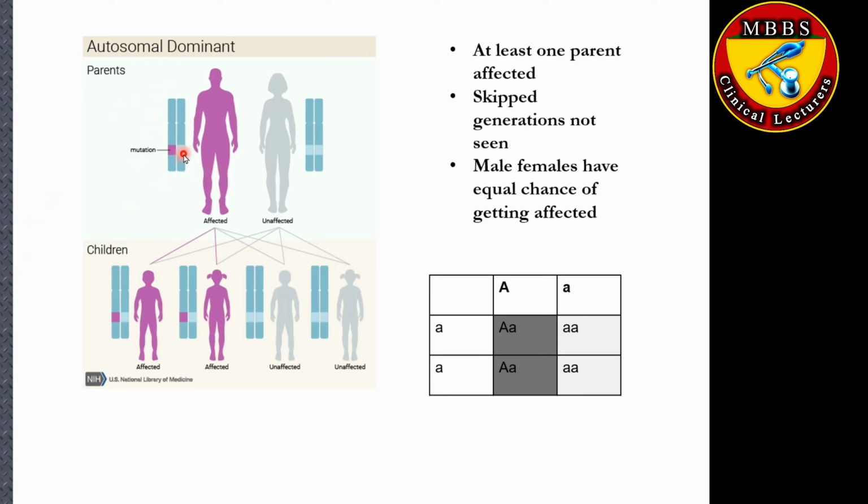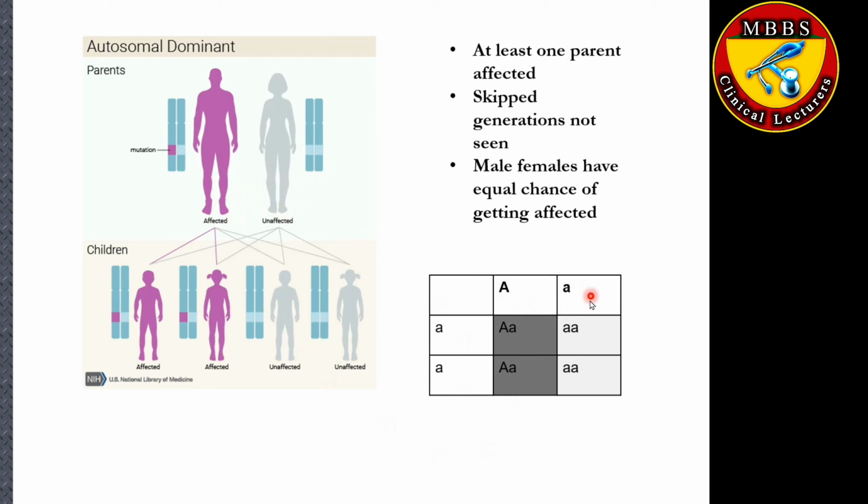When both the alleles are different. So this is one parent which is affected, but it is heterozygous. This is the mutated gene and this is the normal gene. And the other parent has both alleles normal. So here you can see a heterozygous parent is crossed with the homozygous normal parent.